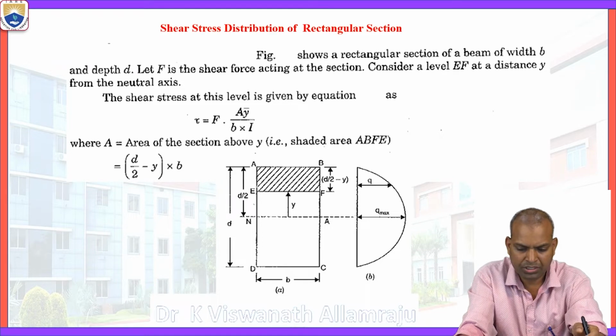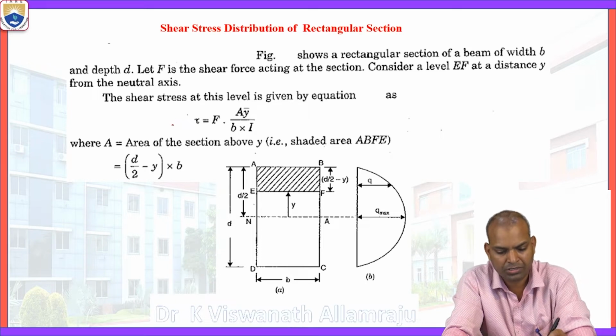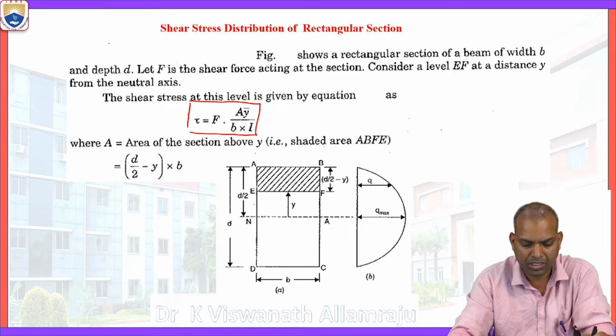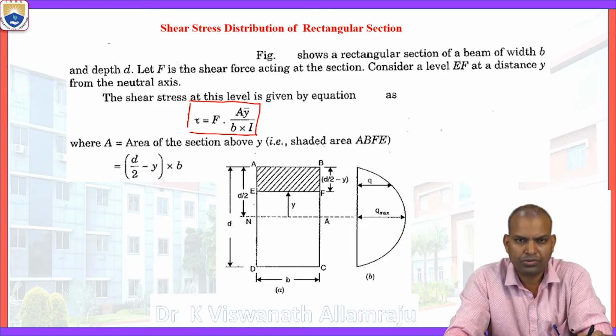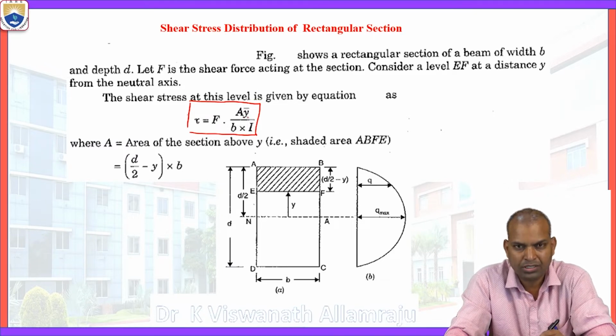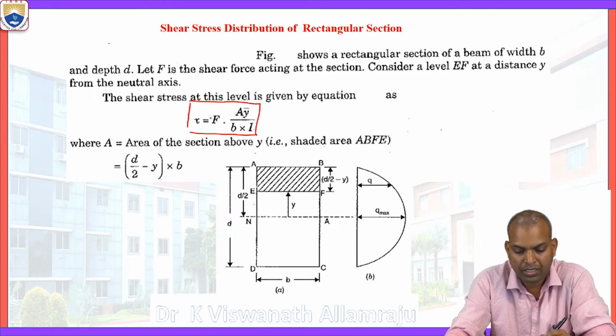The shear stress formula for that section is tau equal to F A bar y by B I, where F is the shear force and A is the area of the section, which is the hatched section, and y bar is the distance from the centroid of that area to the neutral axis, B is the width of the section, and I is the moment of inertia of the total section.